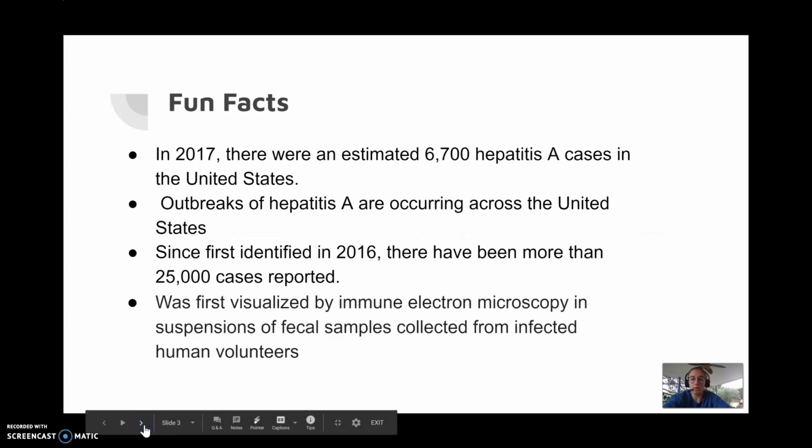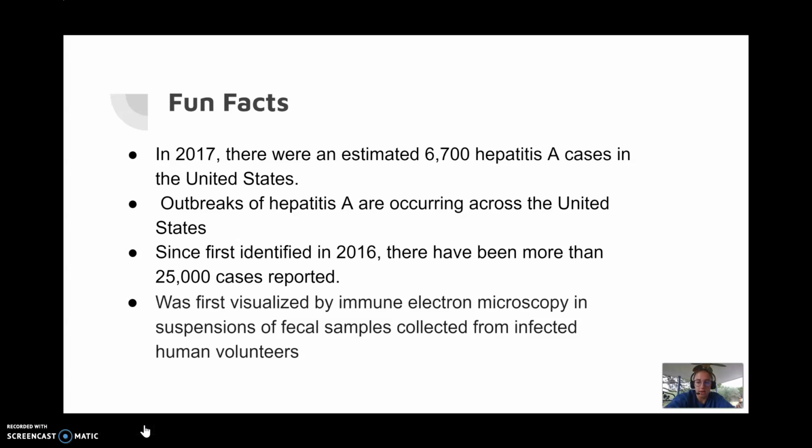Some fun facts about HAV. It was first identified in 2016, and there have been more than 25,000 cases reported since then. In 2017, there was an estimated 6,700 hepatitis A cases in the United States.